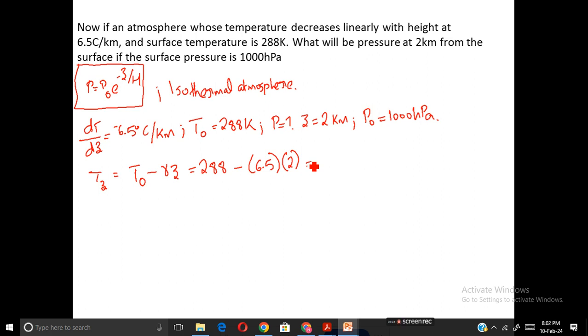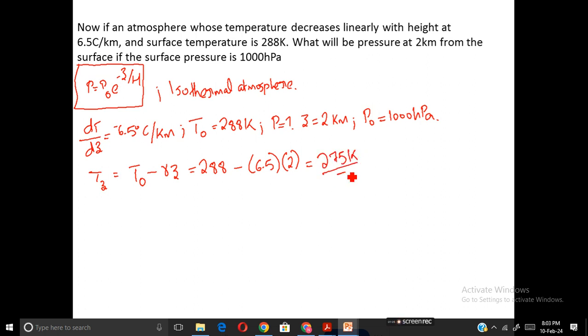Temperature of the atmosphere at height Z or at height 2 will be, how much it will be? Yeah, it will be 275 Kelvin.